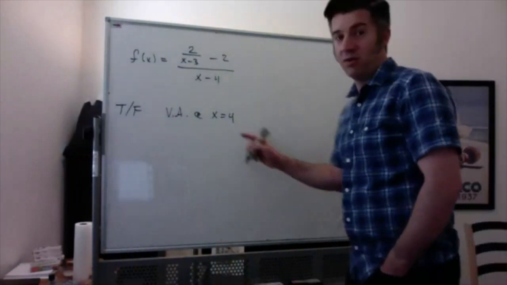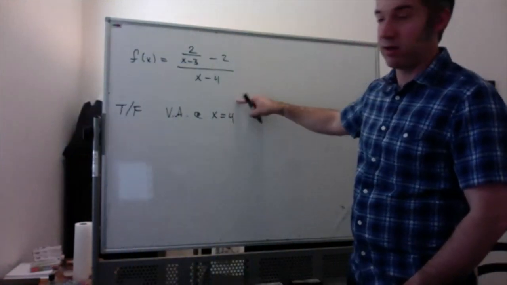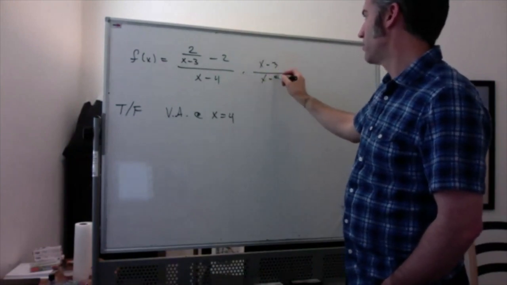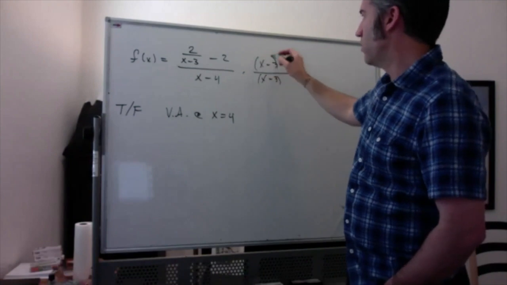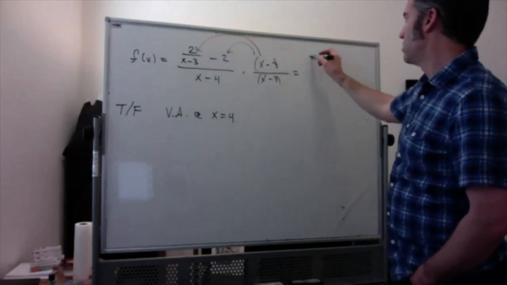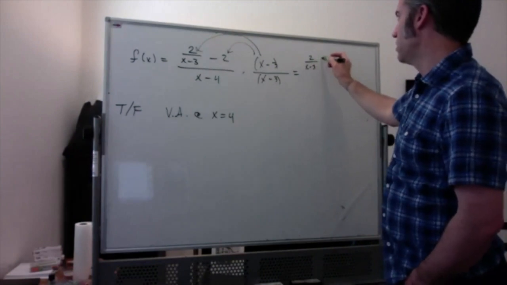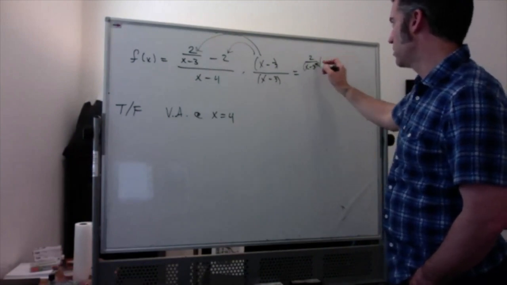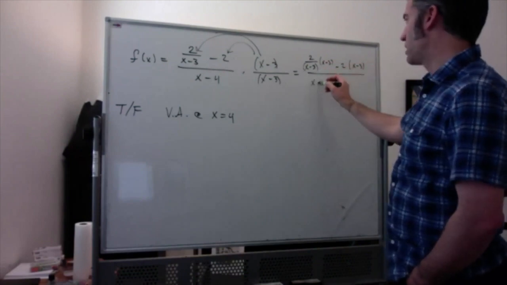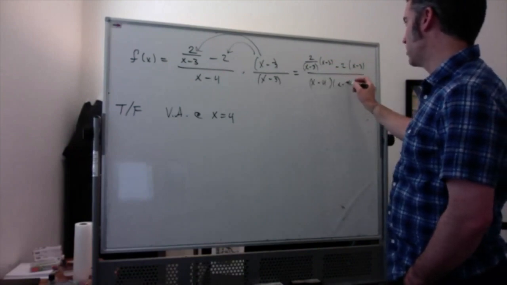So I'm going to multiply this by x minus 3 over x minus 3. When I multiply by the top, I have to distribute. So I get 2 over x minus 3 times x minus 3, minus 2 times x minus 3, over x minus 4 times x minus 3.